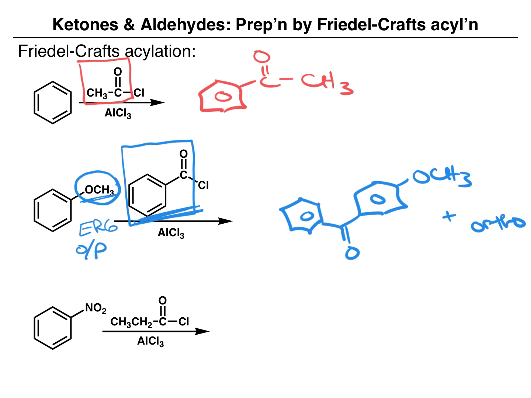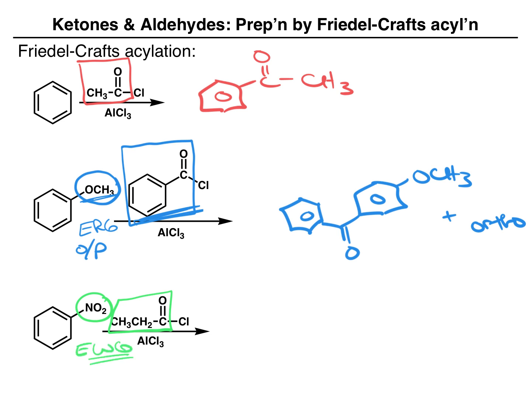In our last example, we are again trying to carry out a Friedel-Crafts acylation on a substituted benzene. So looking first at the reaction conditions, we have an acid chloride, and this is the group that we're trying to substitute onto the ring. And if we look at the substituent that's already present on the ring, we know that NO2 is an electron withdrawing group.